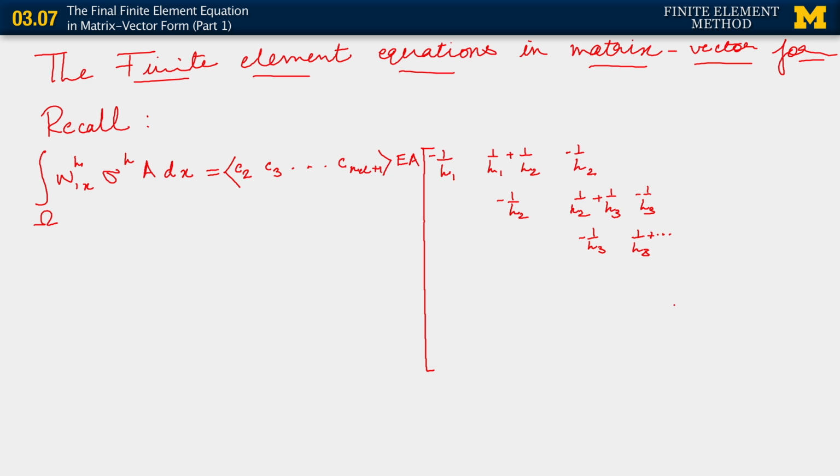Okay. This continues all the way down until we have in the very last position here, the very last little sub 2 by 2 matrix, we have 1 over h_{NEL-1} plus 1 over h_{NEL}, minus 1 over h_{NEL}, and here finally we have 1 over h_{NEL} minus 1 over h_{NEL}.